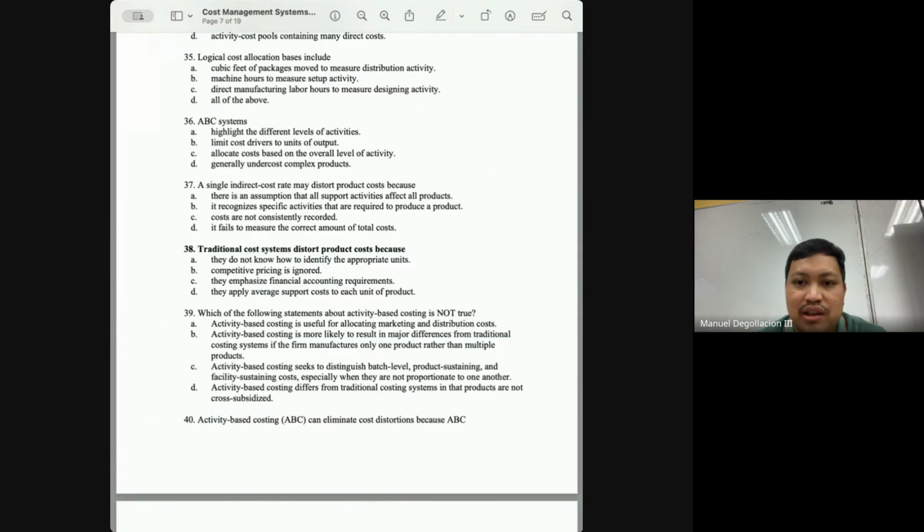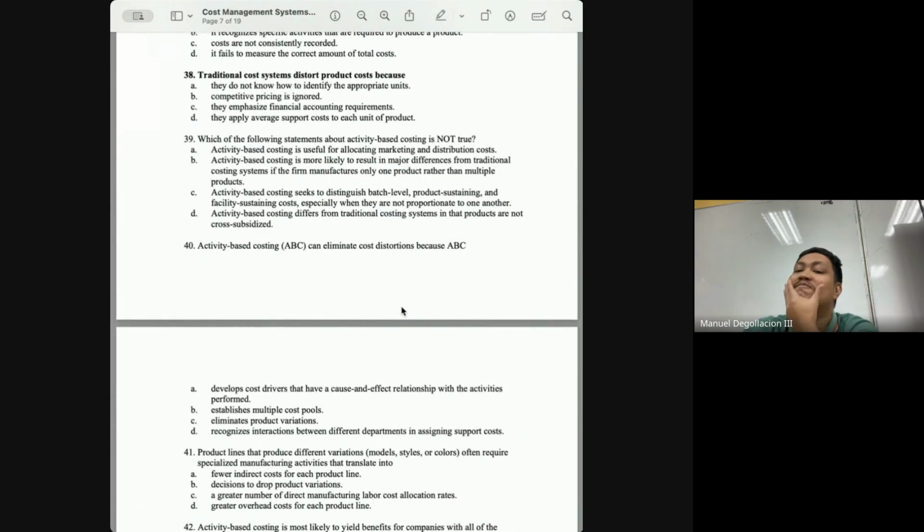It's simply we do not do it. The answer is, this is the better application of the peanut butter because you apply average support cost to each unit of product, regardless of whether or not those support costs are applied to those products. So 38 is delta.